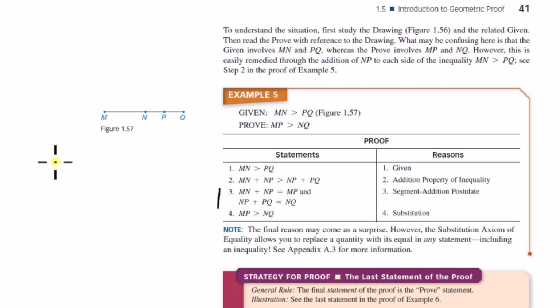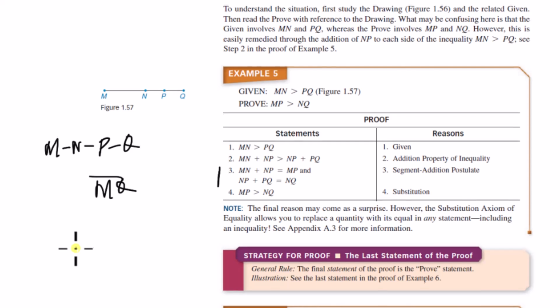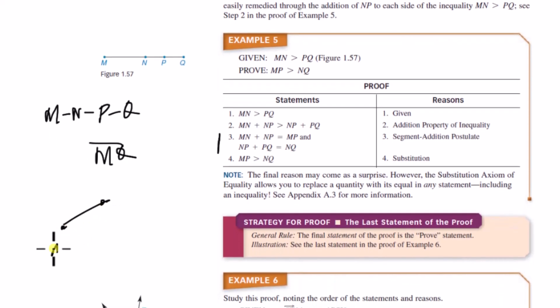I'd have two givens, because if someone was reading this without a diagram, they would say, where did this come from? For all they knew, we had MN and PQ to start with. So I don't know, but all right.